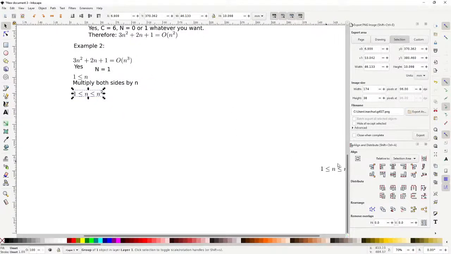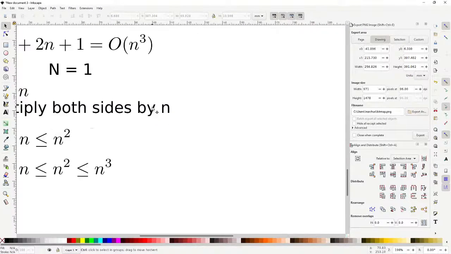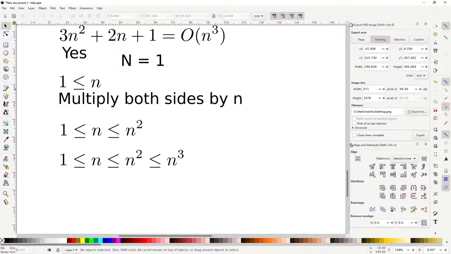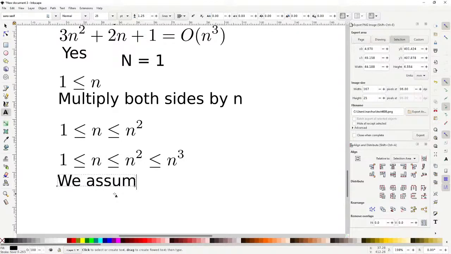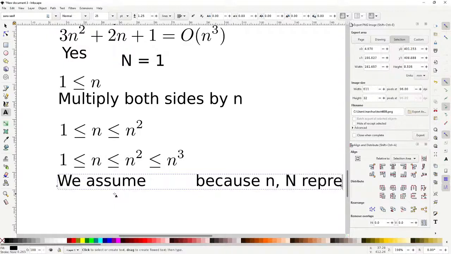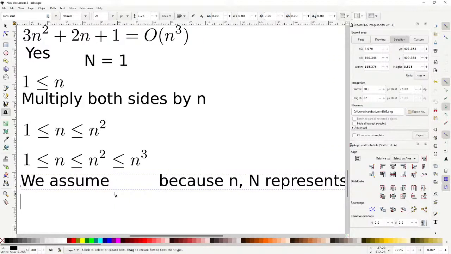Do we assume that n is natural? Yes. And the reason why we assume that n is a natural number is because n represents, what does it represent?